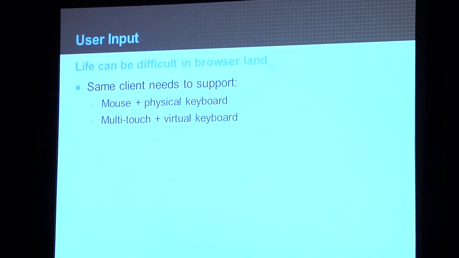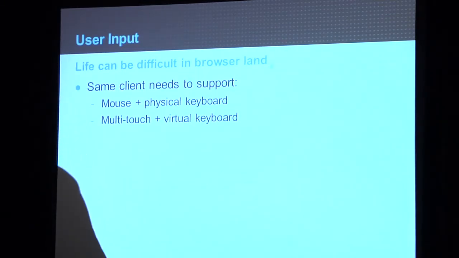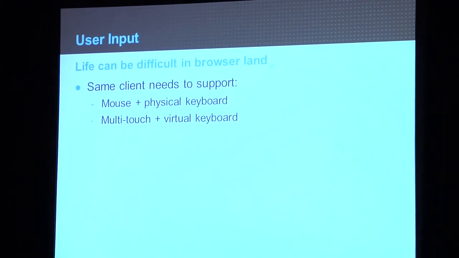So one thing to remember about these browser-based clients is that the whole concept is supporting multiple platforms using the same client. When you have a native client, you have a native client for, let's say, your Windows desktop. So that Windows client was developed specifically to work with a keyboard and a mouse. And you have a completely separate client developed, let's say, for a tablet. And that client was developed to work with touch and a virtual keyboard.